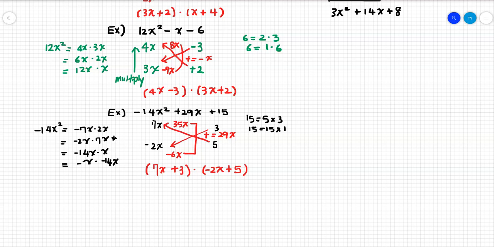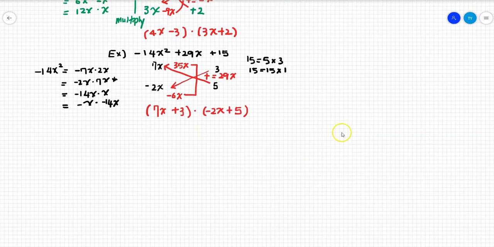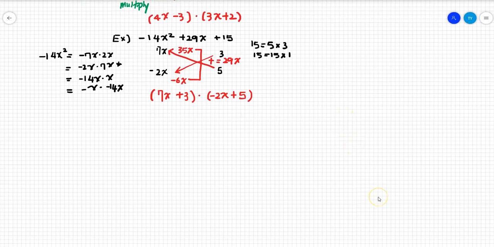Because sometimes, if you get lucky, then you will get the right combination. But if not, you might end up with different middle terms. So you're going to have to try maybe one or two, possibly 3 times of trying these combinations.